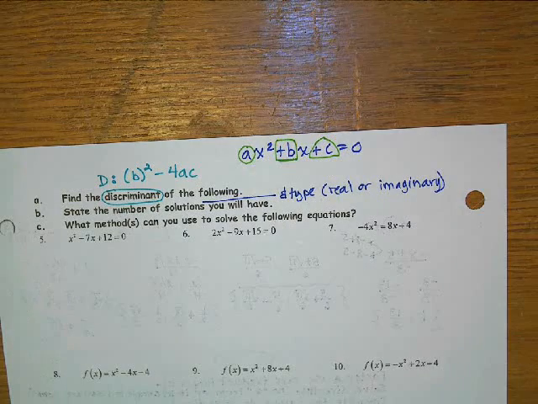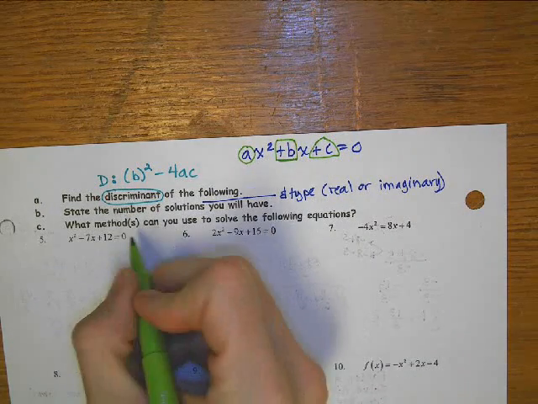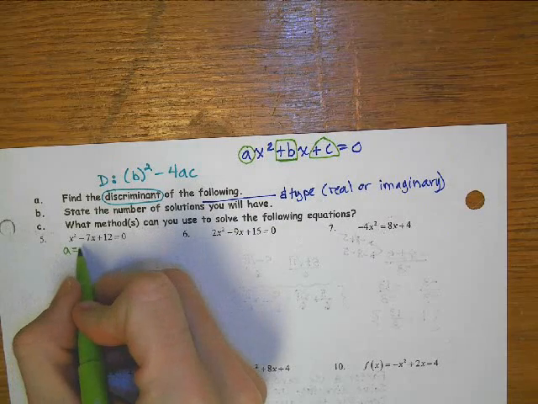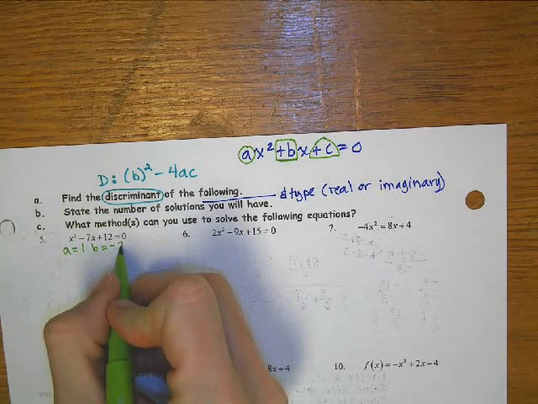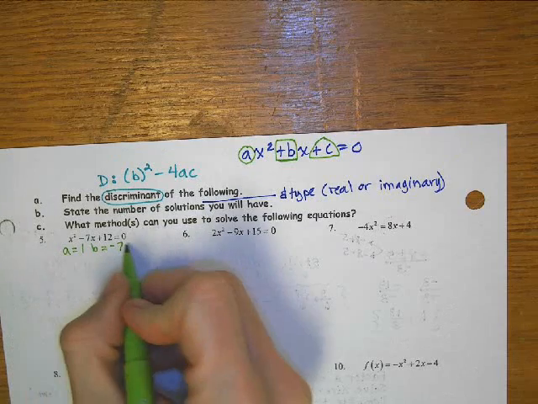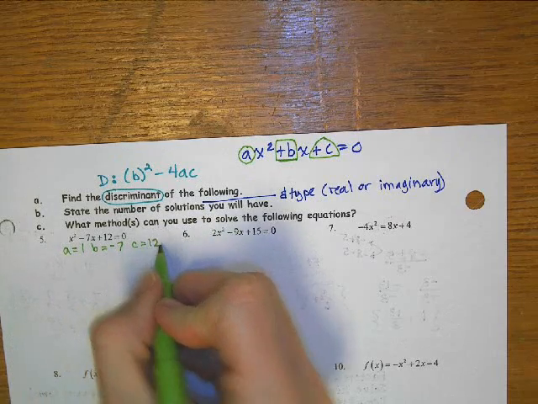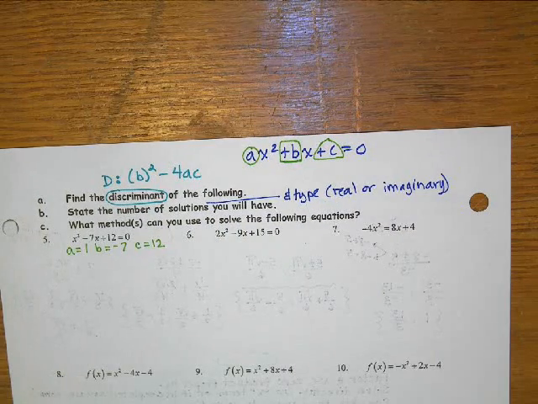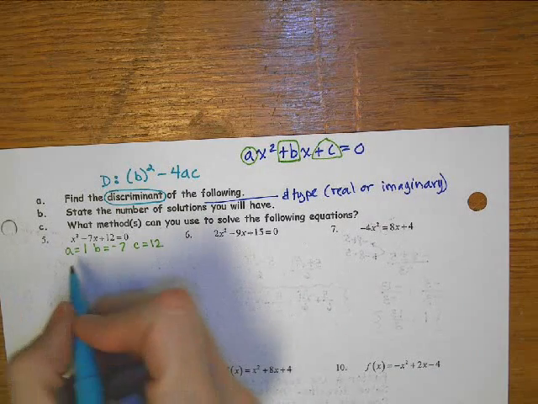All right, so with number 5, first thing we want to do is identify our a, b, and c. A is 1, b is -7. The sign in front of a number always goes with it, and c is 12. So from there, we can plug that right into our discriminant.